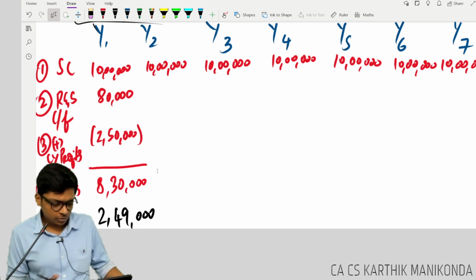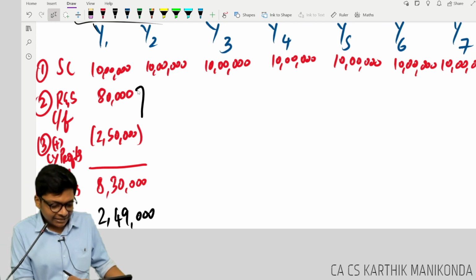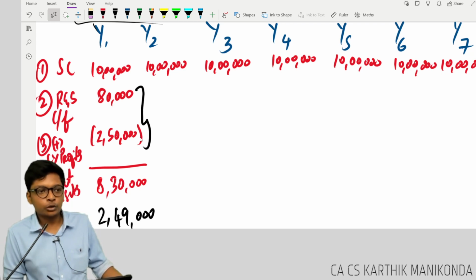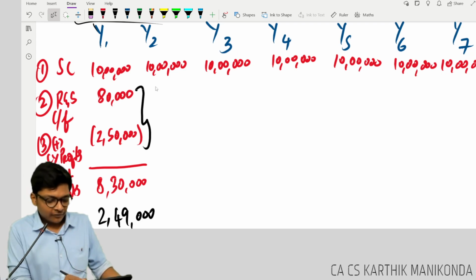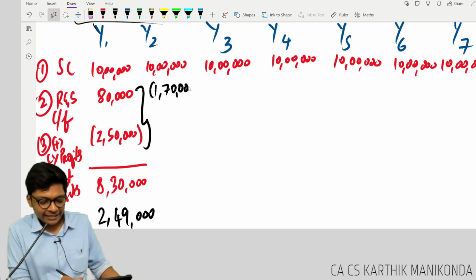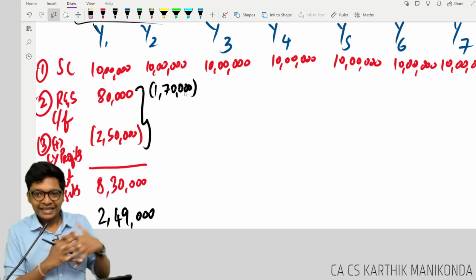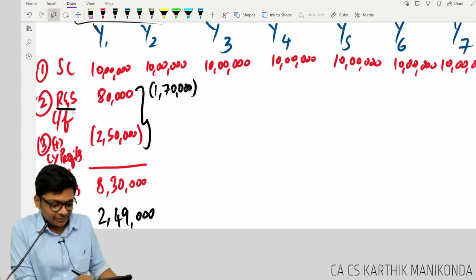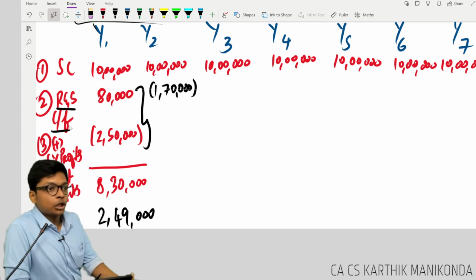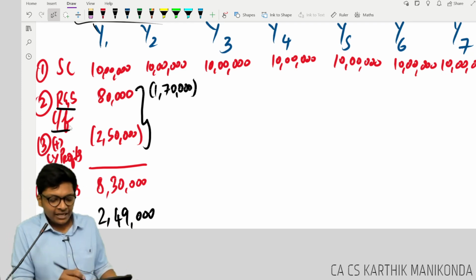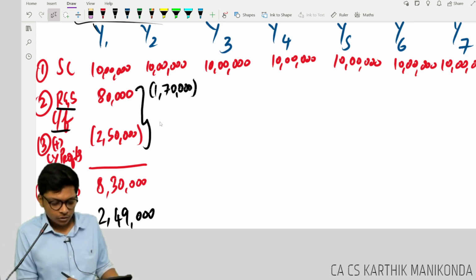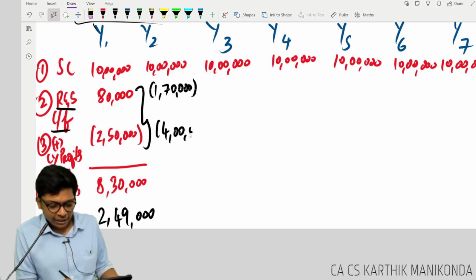Year 2, we will again do it. So, what is the collective reserves impact in year 2? What is my total reserves in year 2? 1,70,000 now. Loss I have to write here. Correct? I have to write collective because I am writing reserve and surplus carried forward, the total cumulative balance. What is the current year profit? 4 lakh loss.